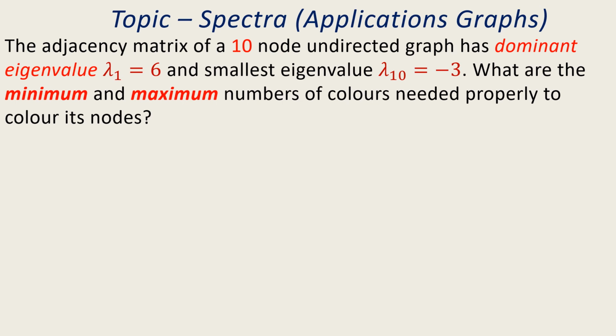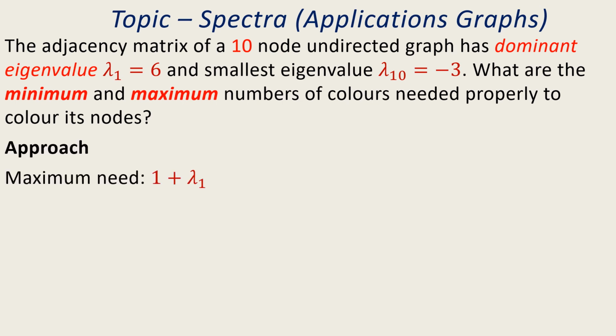So you have a 10-node undirected graph, and if we look at the adjacency matrix, we have discovered it has the largest and dominant eigenvalue of 6, and a smallest eigenvalue of -3. And from that information, you can determine bounds on the minimum and maximum number of colors that are needed to color its nodes. How do we do that?